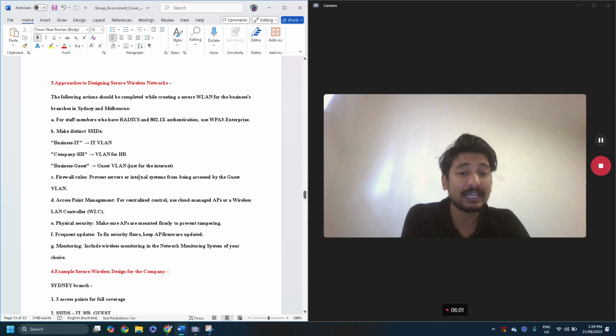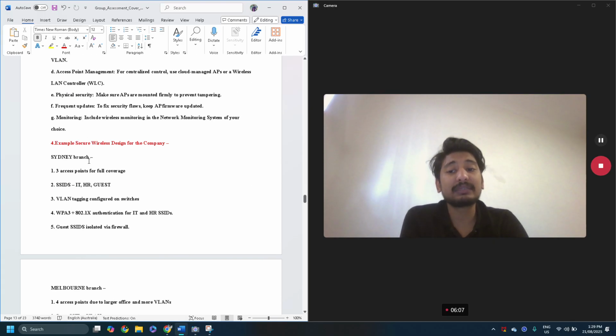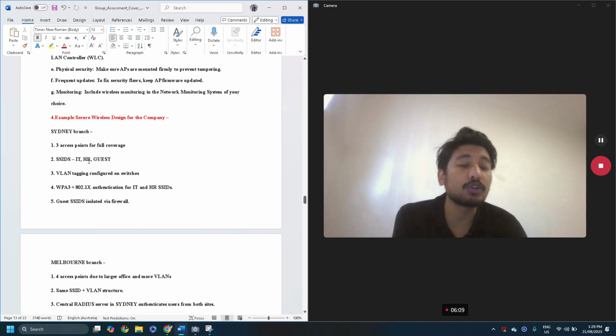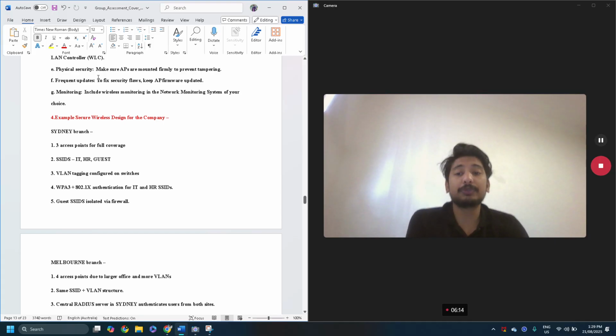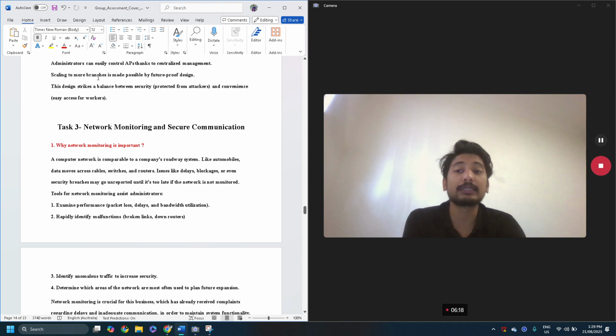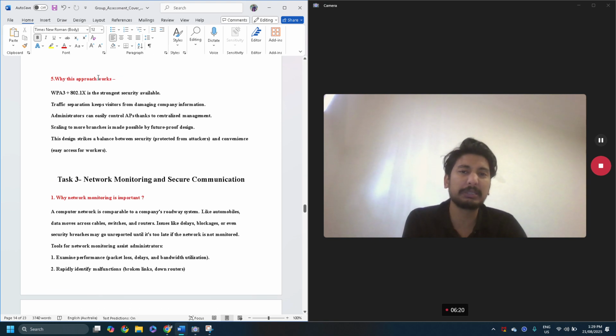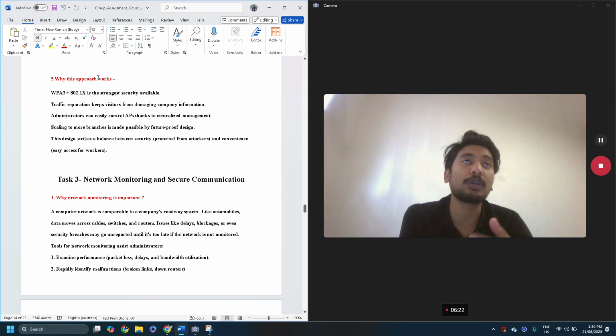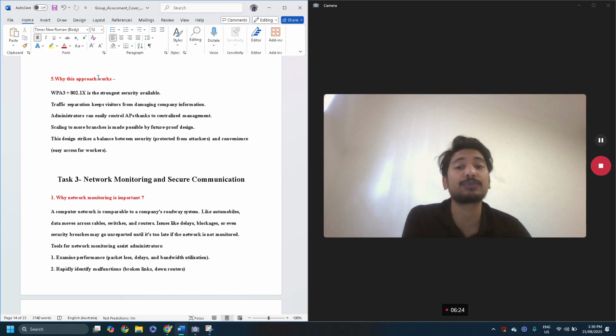Firewall rules mean guests cannot reach internal servers. Then access point placement and monitoring. That's the main concept for securing a wireless network, and it has to be done because these are the most important things to secure your network.